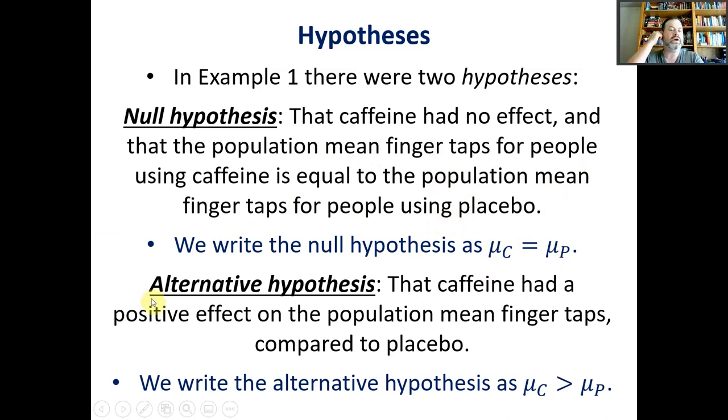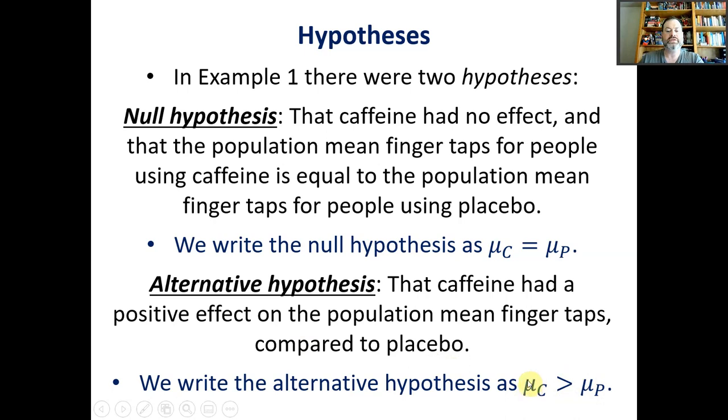Next up, we have something called an alternative hypothesis. The alternative hypothesis is that caffeine had a positive effect on the population mean finger taps compared to placebo. And we write this alternative hypothesis as mu c greater than mu p. So what does that mean?